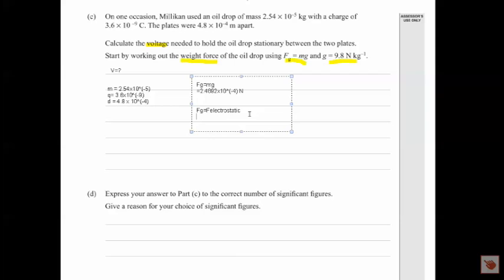So I know that my force of gravity is 2.4892 times 10 to the negative 4. And that's going to equal that force electrostatic, which is also equal to EQ.